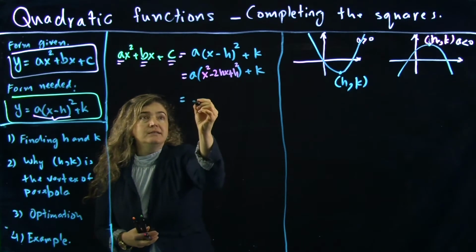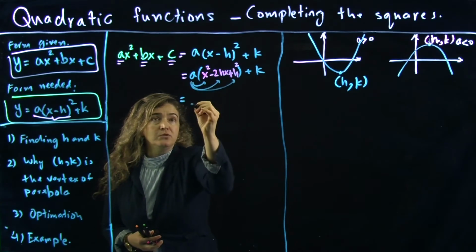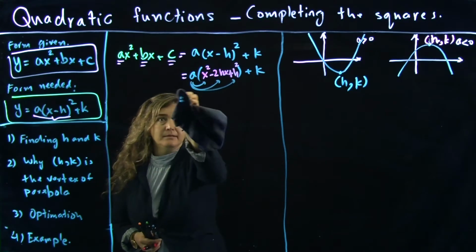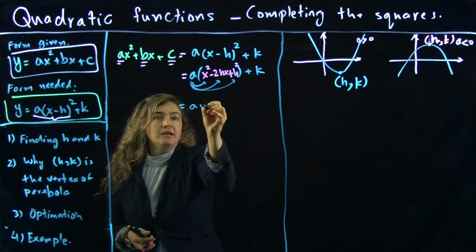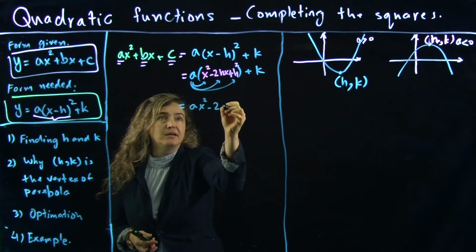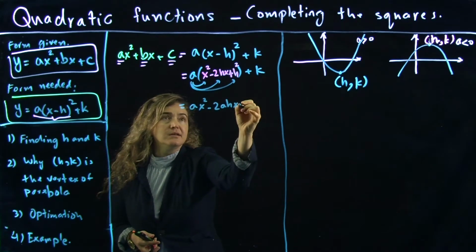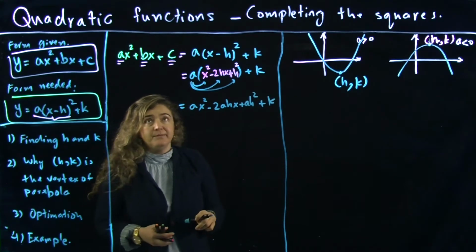Now, distributing a through, I would get a x squared minus 2a times hx plus a h squared plus k.